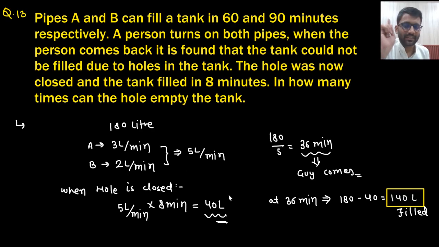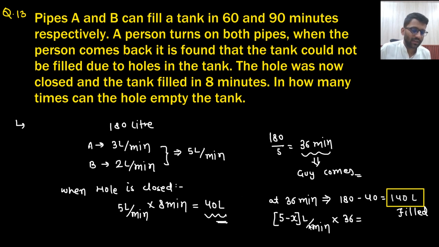That means in 36 minutes, these two were working. Ideally, these two should have given 180 in 36 minutes. But these two were working along with the hole. So they were effectively delivering 5 minus x liter per minute. And they worked for 36 minutes, effectively giving 5 minus x liter per minute.